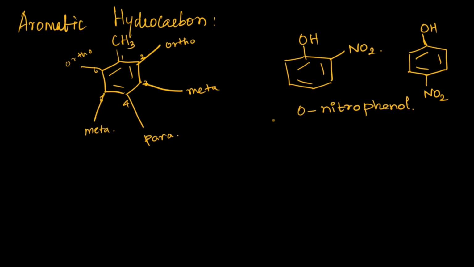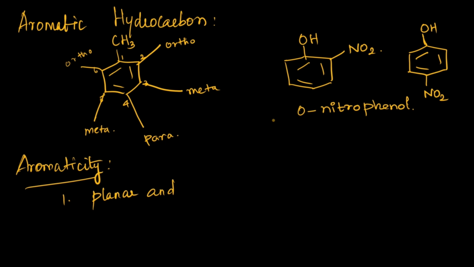Okay. So aromaticity. What are the rules that must be followed to find whether the compound is aromatic or not? The rules are very simple. Rule number 1, the compound should be planar and ring, or you can take it as a closed system.